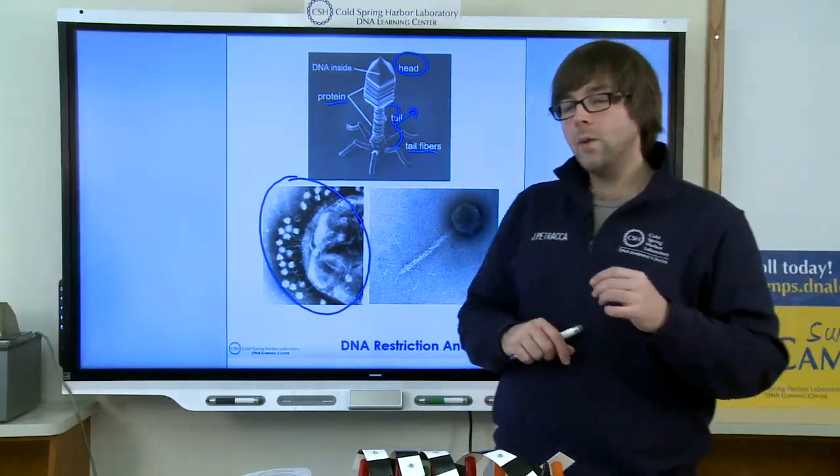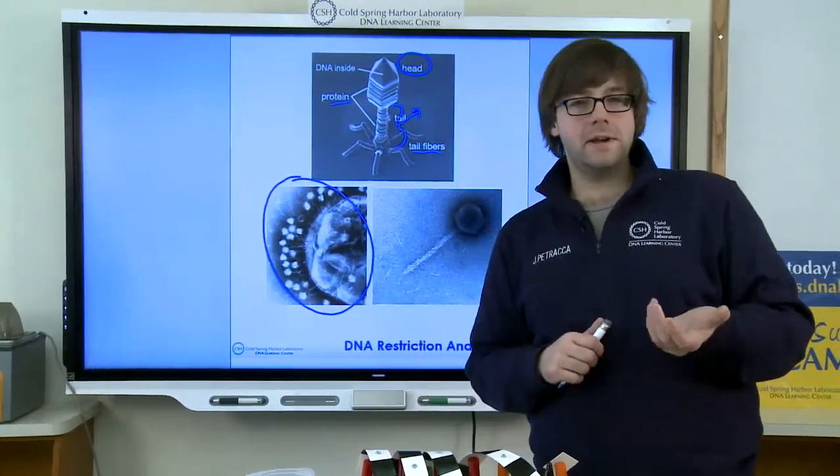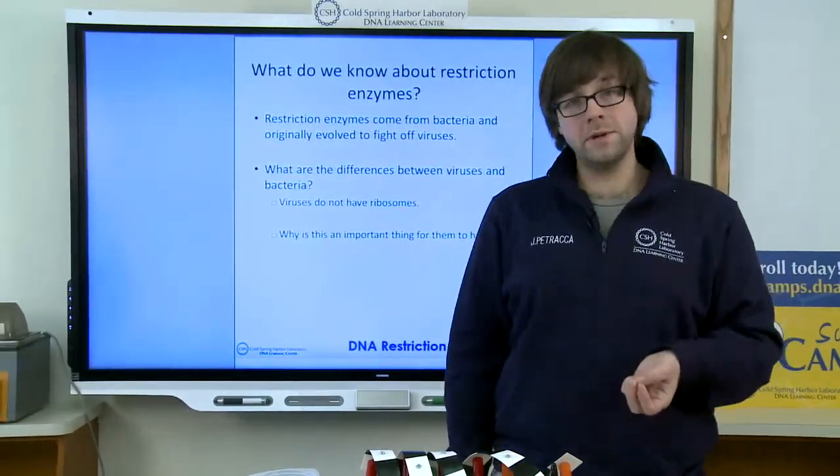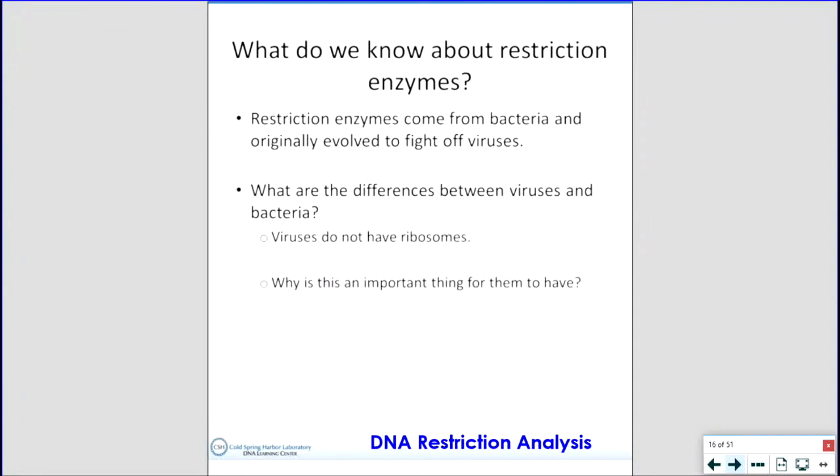Why do they even have to attack bacteria in the first place? It turns out they lack the important machinery for building cells, specifically ribosomes. Those are the units that build protein from RNA. Because they lack ribosomes, they have to hijack another cell and take it over and make that cell produce more of their protein for them.